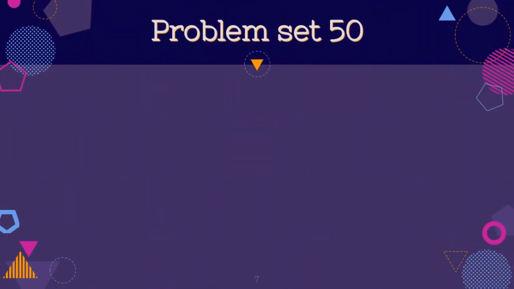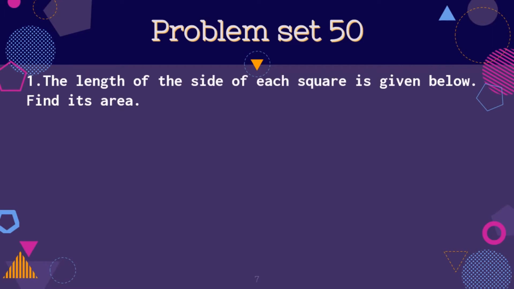Let us solve problem set 50. First question: the length of the side of each square is given below. Find its area. So here the length of the side of a square given is 12 meters and we have to find out its area.